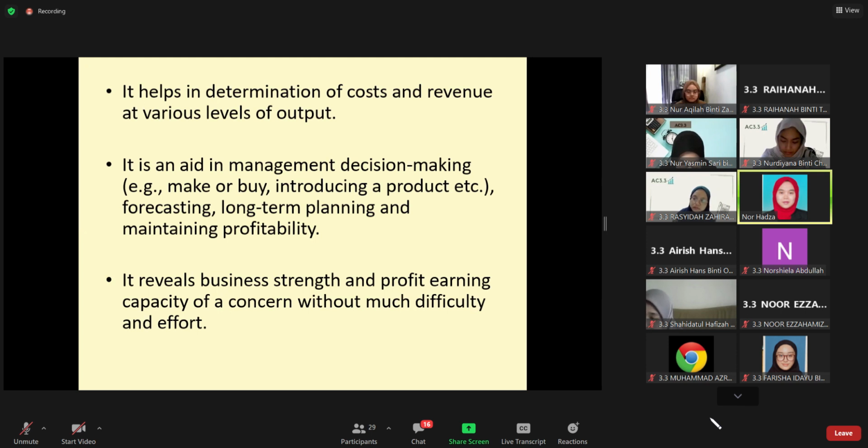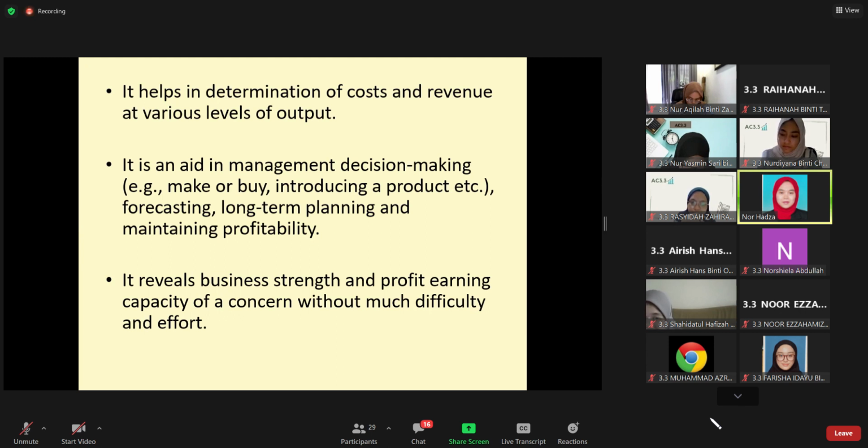It reveals business strength and profit earning capacity of a concern without much difficulty. So if you have this analysis, for example, by looking at the profitability, you should be able to determine whether the revenue that you receive from the sales is enough to cover the cost, and even to make a profit.